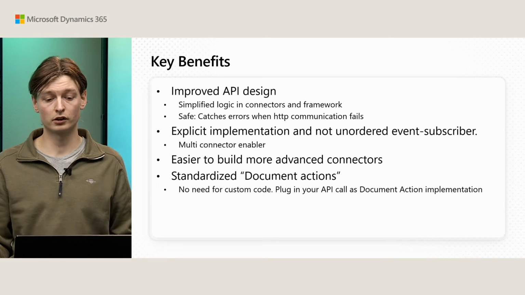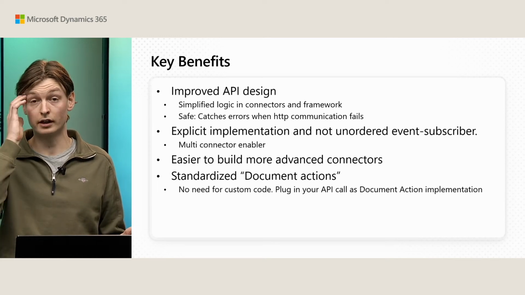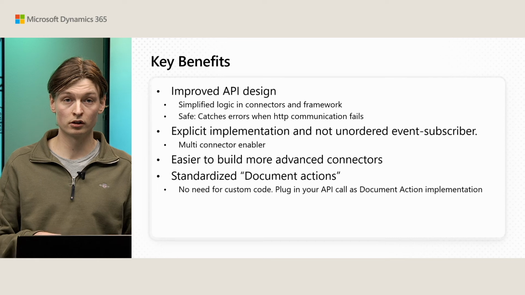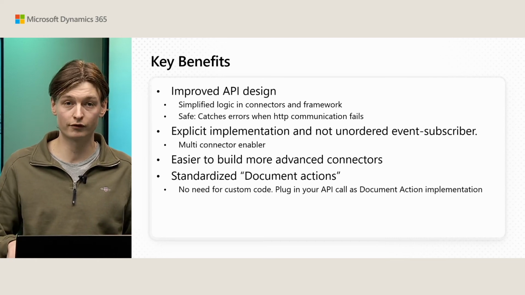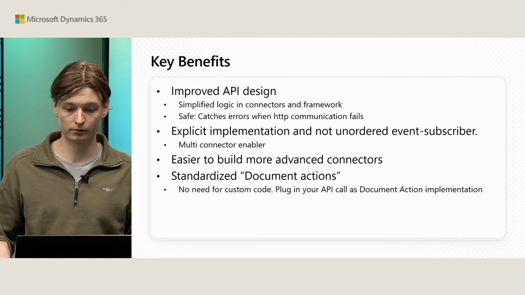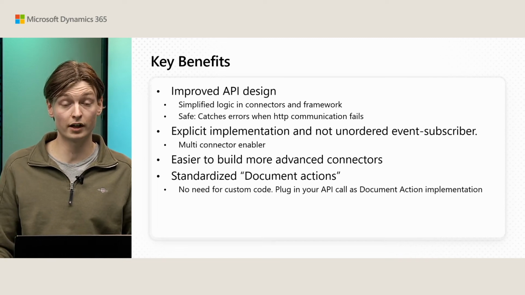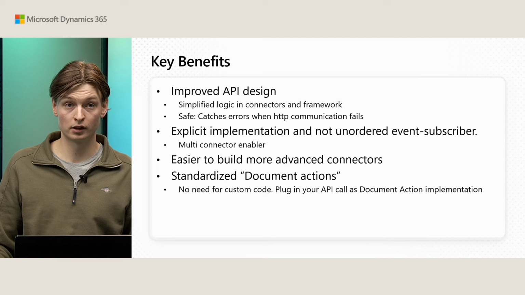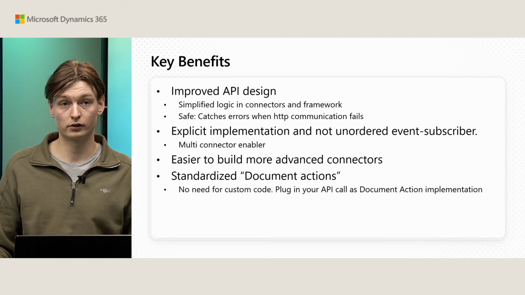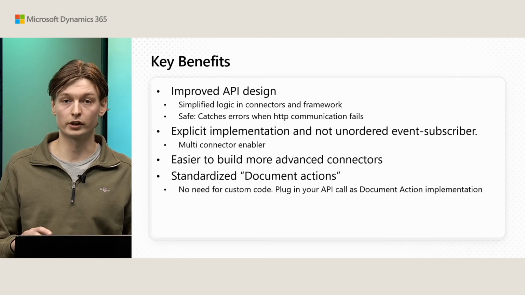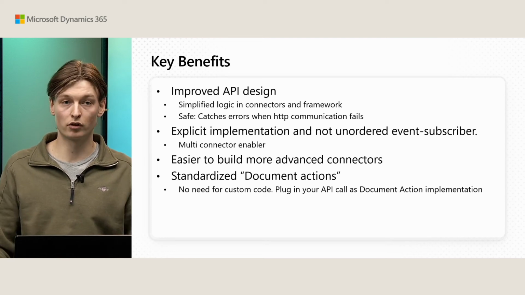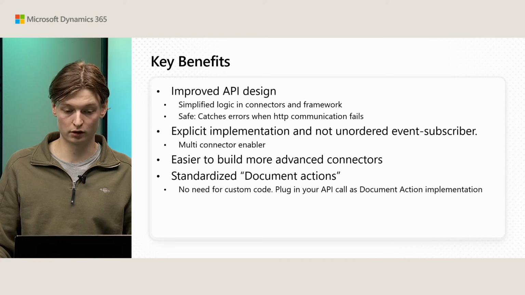So the key benefits of this is, of course, the improved API design and this separation of concerns, where we have smaller pieces of interfaces that each deal with different smaller problems. It simplifies the logic, both in the connectors, but also for us in the framework. It is also safe, because now we actually catch errors when HTTP communication fails on the receiving side, so that we can continue the receiving process as we intended to do.